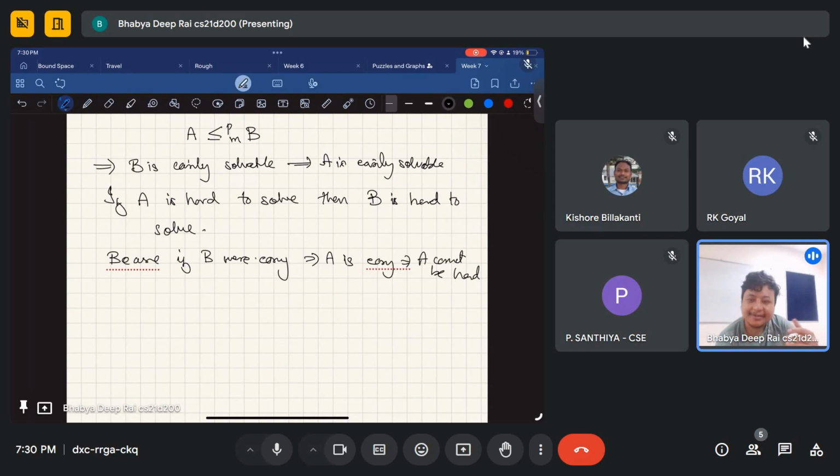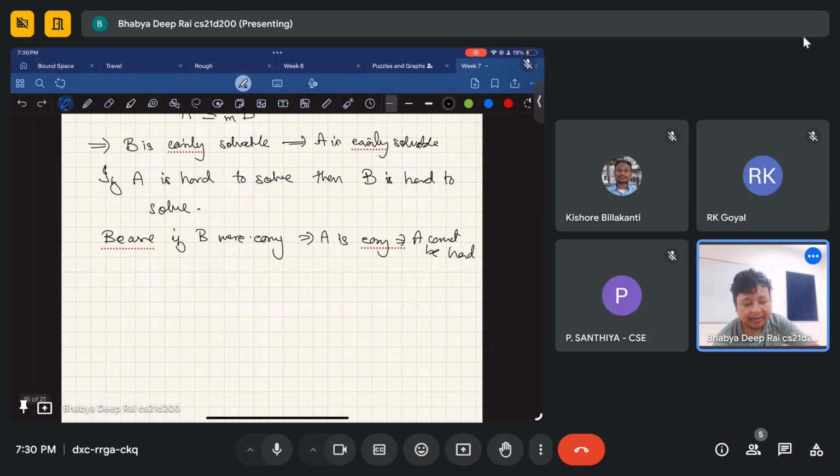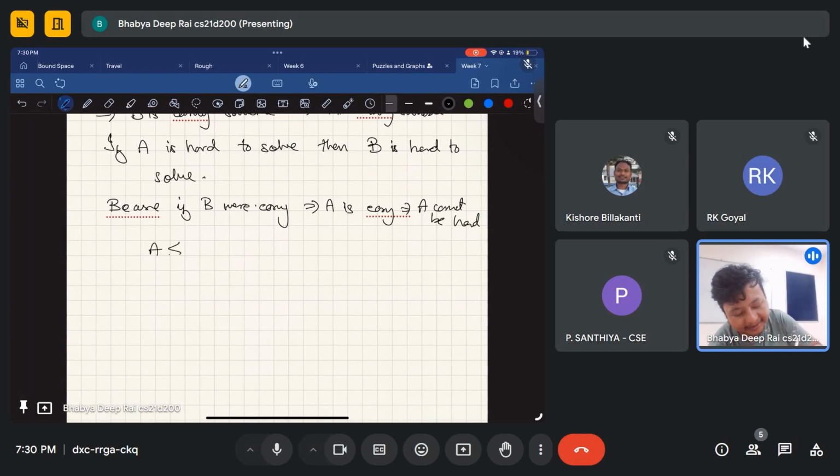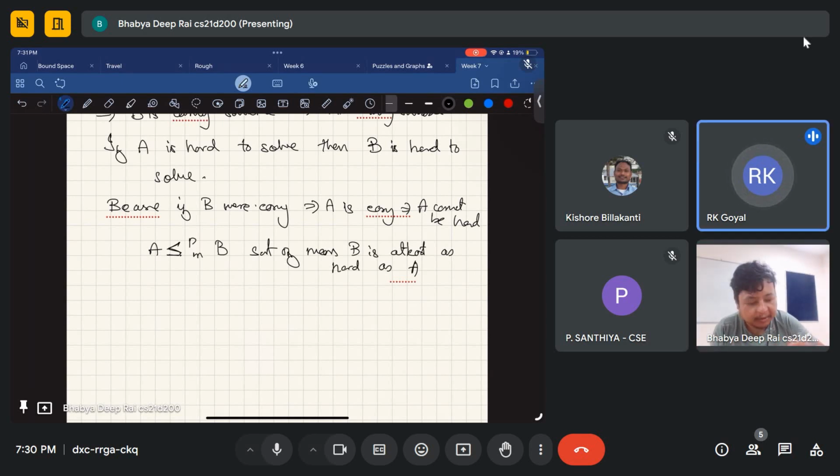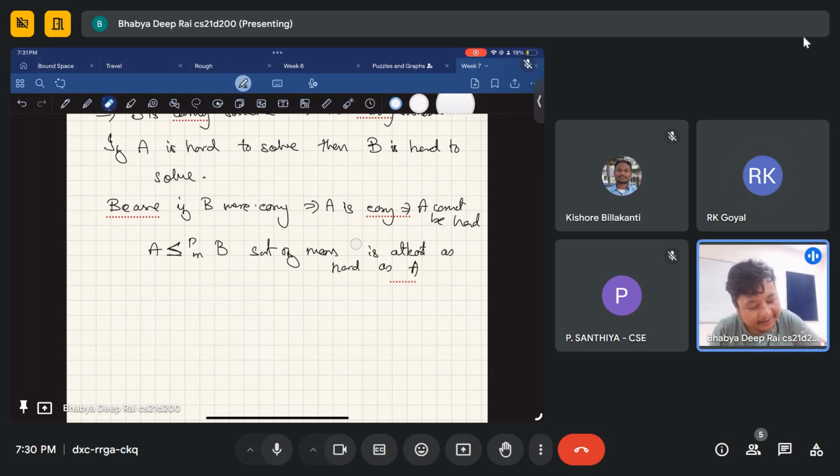So you see that this reduction is a way to talk about hardness. Therefore, when A reduces to B, it means that B is at least as hard as A. That's why there is a less than or equal to sign.